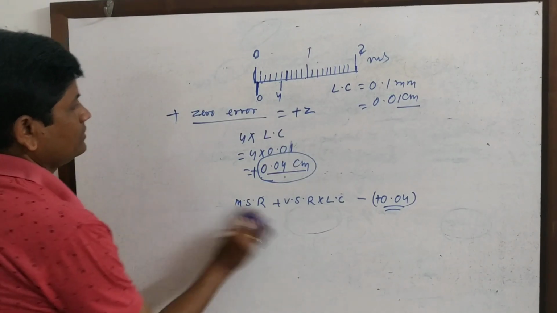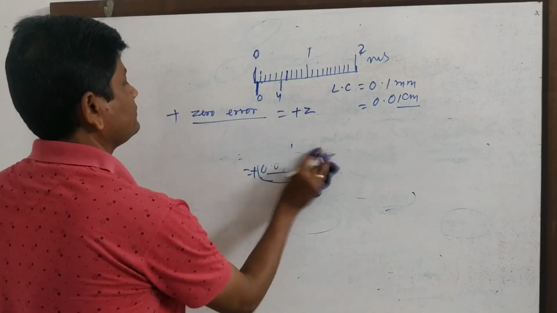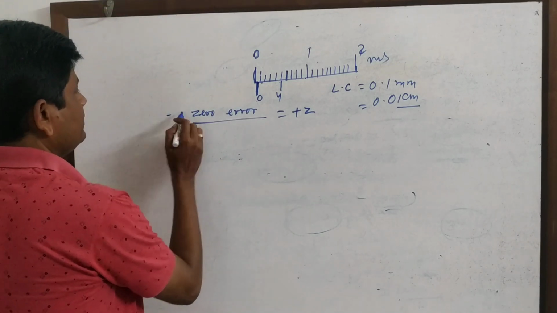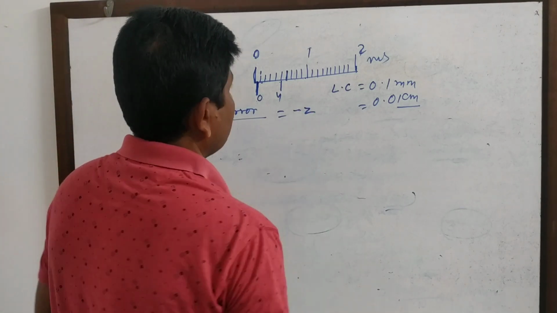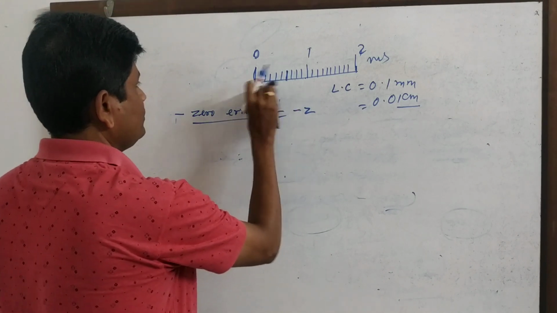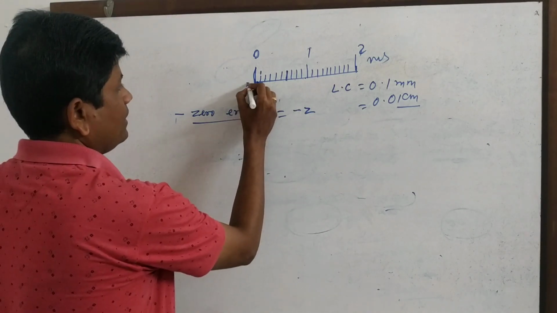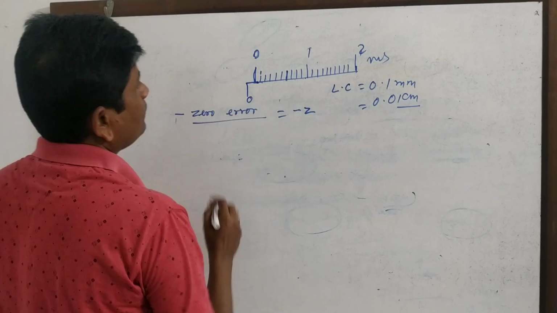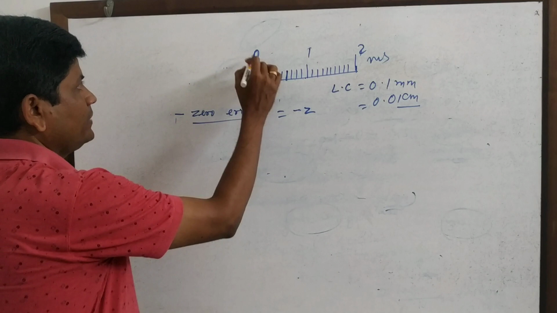What about the negative zero error? Let the negative zero error be minus Z. Negative zero error happens when the 0 mark of the vernier scale lies to the left of the 0 mark of the main scale.